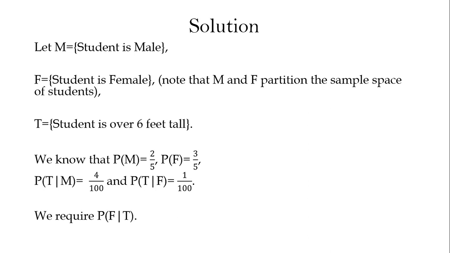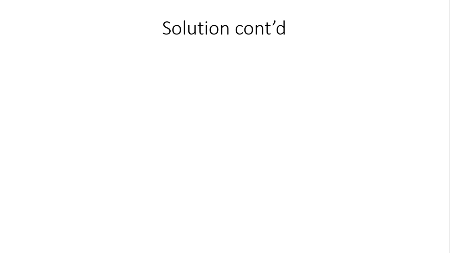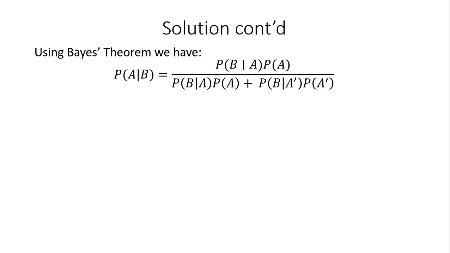That is F given T, which we are going to look at. Using Bayes' theorem, of course, using the special case, probability of A given B is denoted as on the screen. And we can extend our relationship to what we want. We want the probability of F given T.